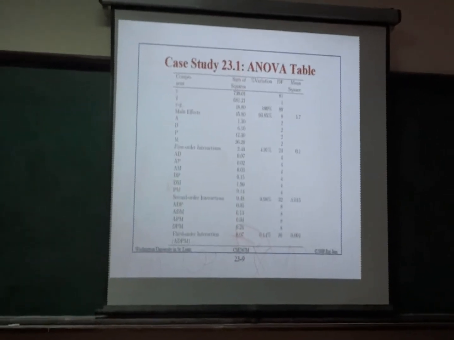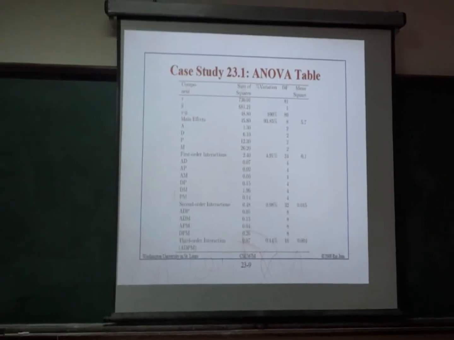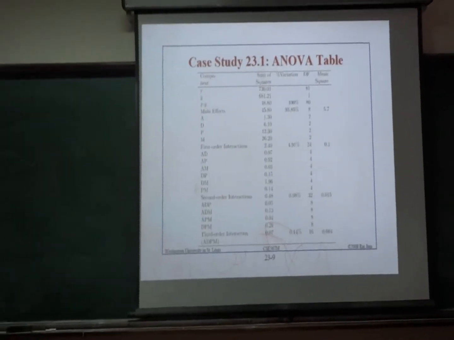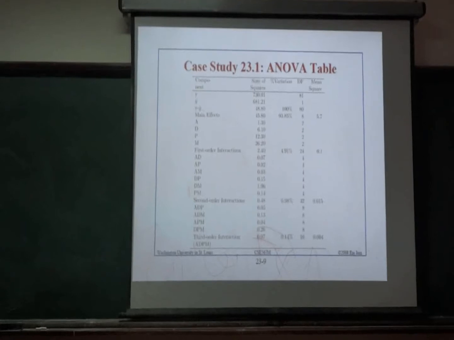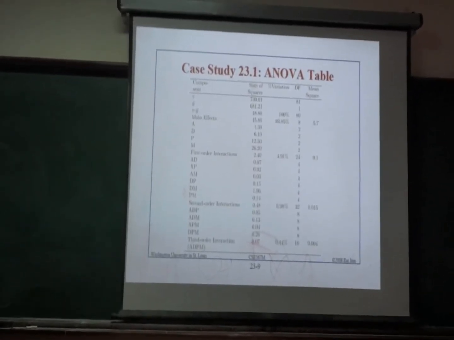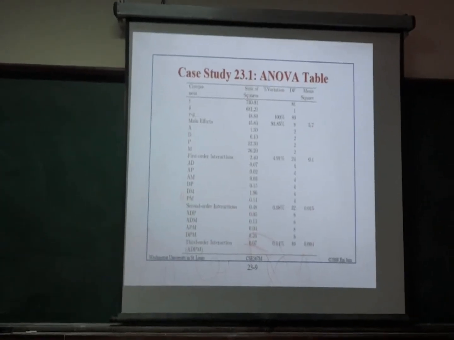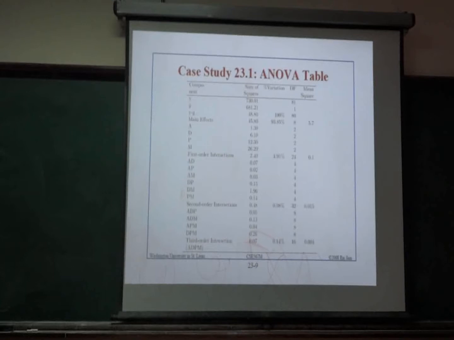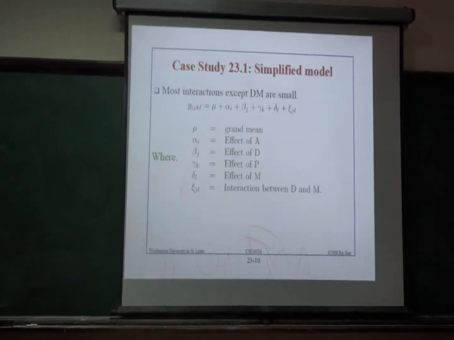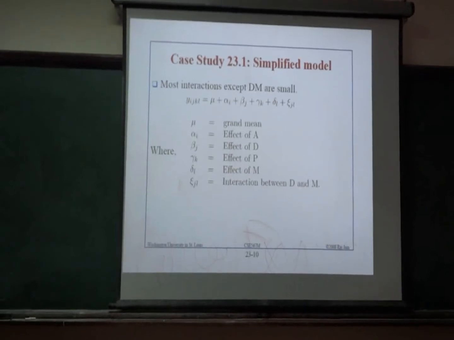Notice that most of the interactions are small, and the only interaction that explains more than 1% variation is the interaction between the deck level and the memory size. Therefore, all other interactions were considered negligible, and the following simplified model was used to represent the paging process. This is the expression we are using for the paging process.